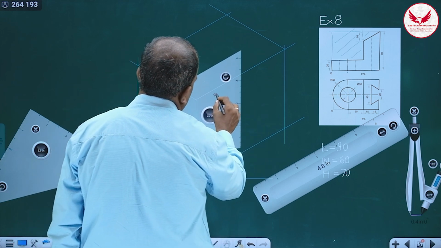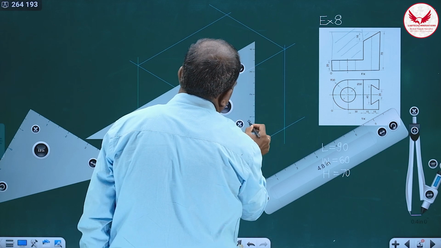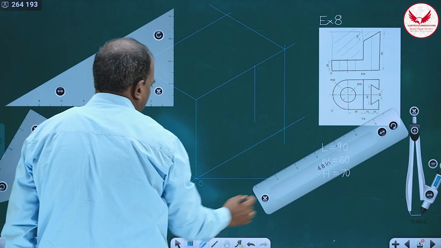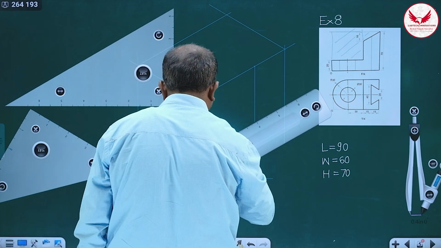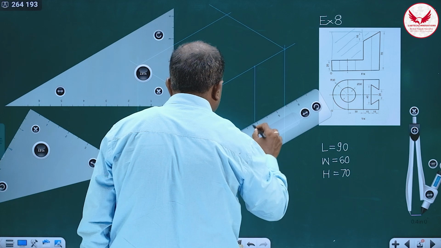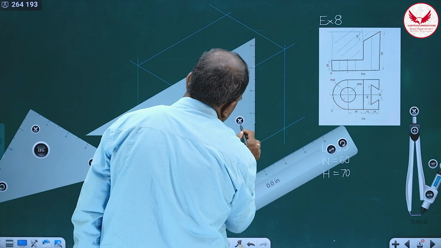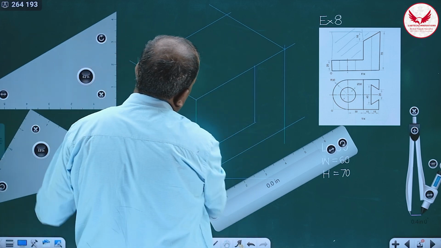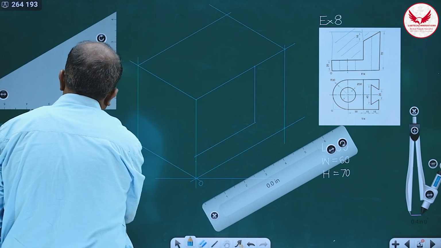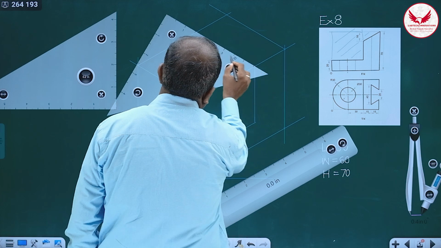So from this line, draw a vertical line, and from 20, you have to mark this horizontal line, like this. Then this rectangular portion we have to cut completely, and for cutting it, mark this line in this way.